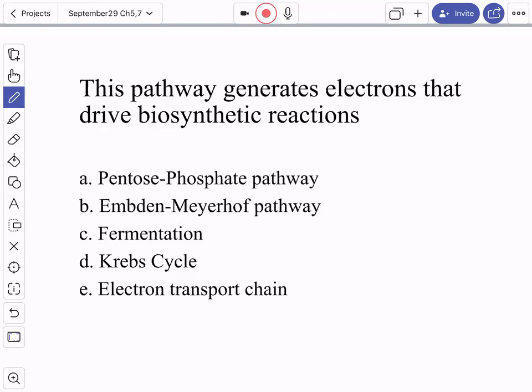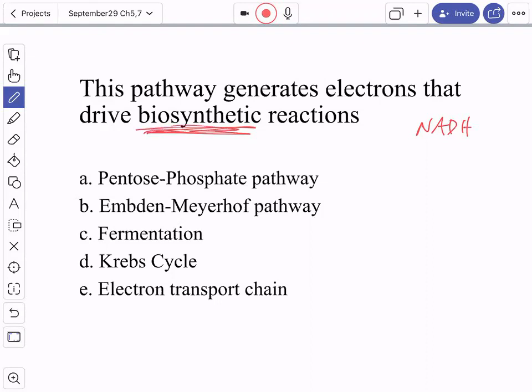Okay, so here's a question from an old exam. This pathway generates electrons that drive biosynthetic reactions. We talked about how NAD and its reduced state NADH, those electrons go to electron transport chain and get converted into ATP.